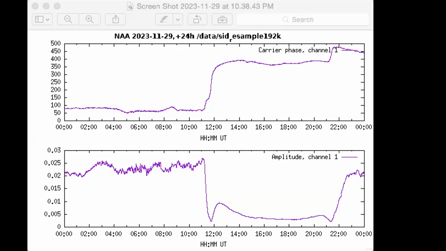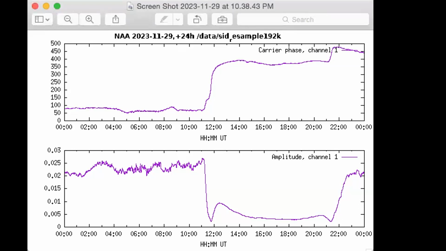So what I did was I finally put the offset in, and I believe it's this one right here. So this is after, yep, this one is after I put the offset in, and you can see that the phase doesn't roll.